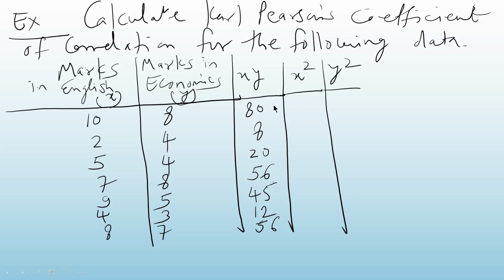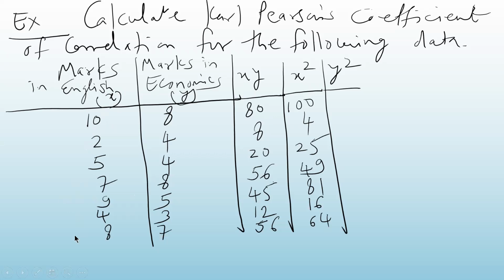Okay. Then X square. These are the values of X. X square, 10 square, that is 100. 2 square, that is 4. 5 square, that is 25. 7 square, 49. 9 square, 81. 4 square, 16. 8 square, 64. Okay.